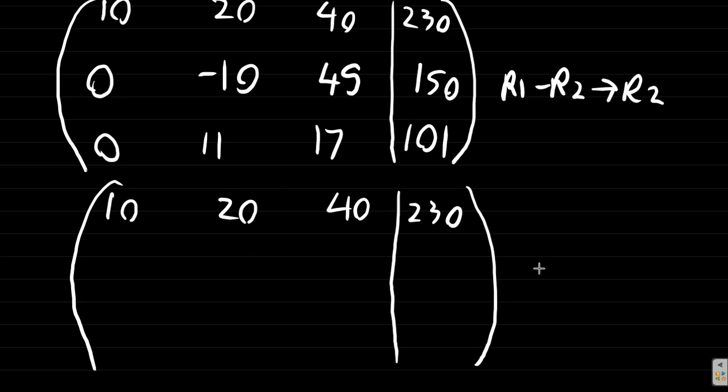So, let's say row 2 will be multiplied by 11 and will lead to our new row 2.